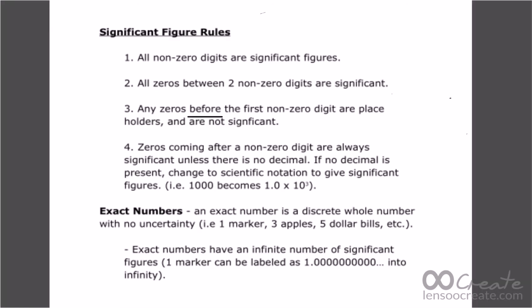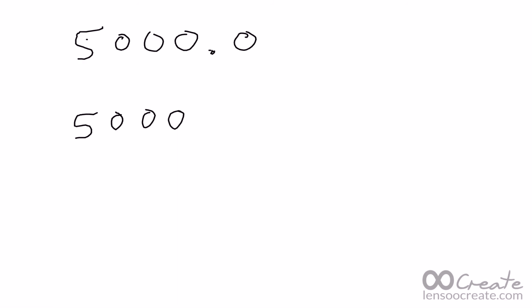Then let's look at it like this. What Rule 4 is saying, if we glance back at it for a second, is zeros coming after a non-zero digit are always significant unless, here's the caveat, there is no decimal. So there's a level of uncertainty when there's not a decimal. Here, there's a decimal. So we're saying 1, 2, 3, 4, 5. This would have 5 sig figs.